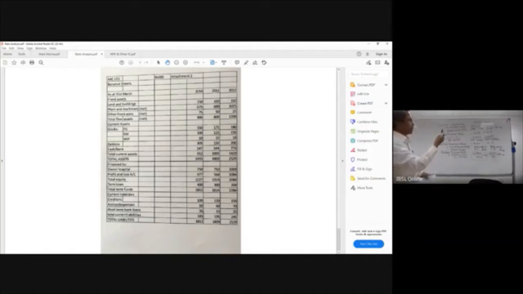So what it means is we collect outstanding debtors within 20 days. This one, 18.28, means we collect debtors 18.28 times during the year. Right? That is, we collect average debt within 20 days.